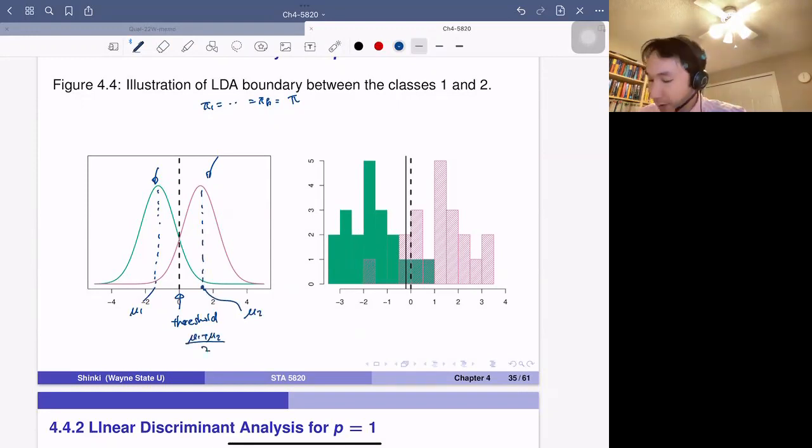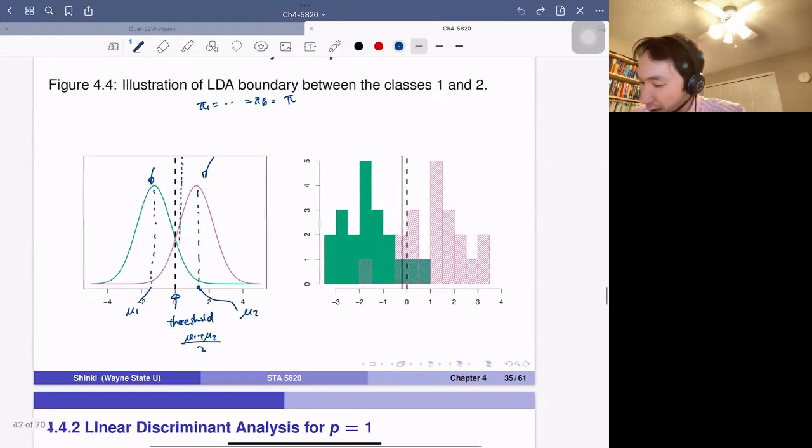If pi 1 and pi 2 are different, say pi 2 is larger, then the threshold moves. Sorry, the other way around. If pi 2 is larger, then the threshold is towards mu1, so the second class is more likely.